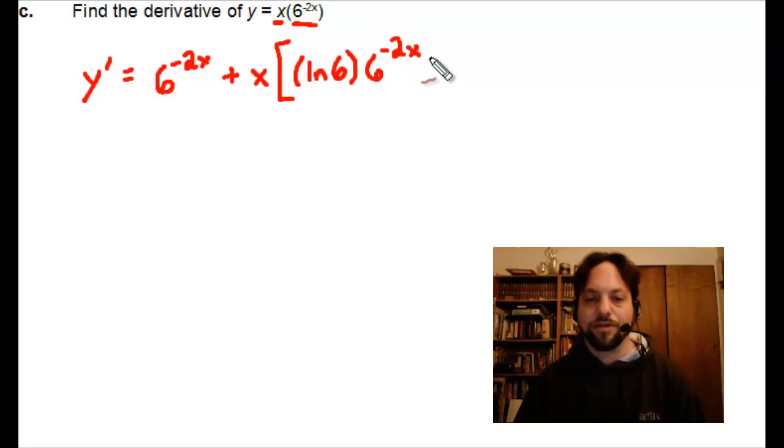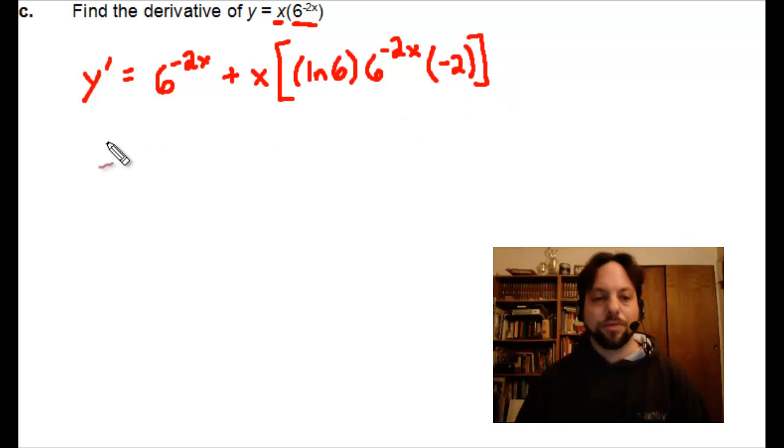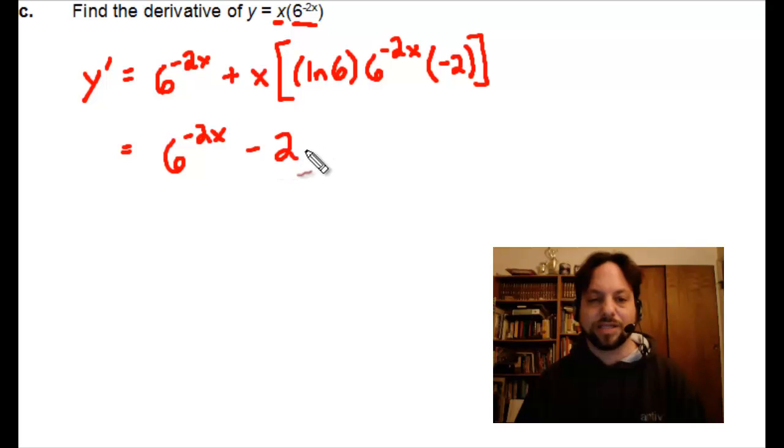And then, of course, we better follow that up with the chain rule, the derivative of our exponent, which in this case is just negative 2. So if we put all this together, we'll have 6 to the negative 2x, and throw all this stuff together here. We'll have minus 2x multiplied by the natural log of 6, and then 6 to the negative 2x power.